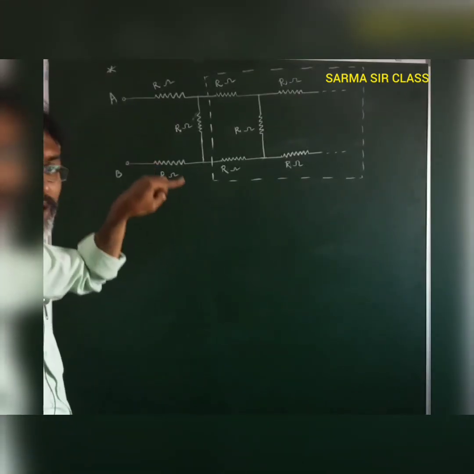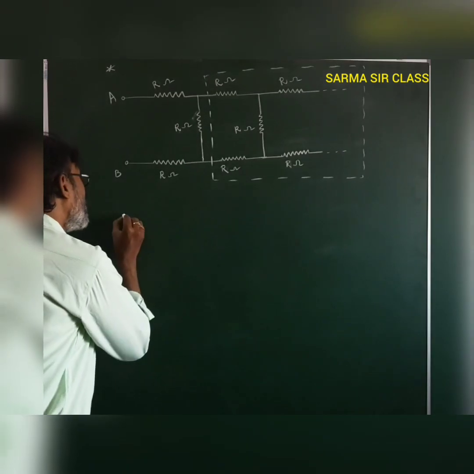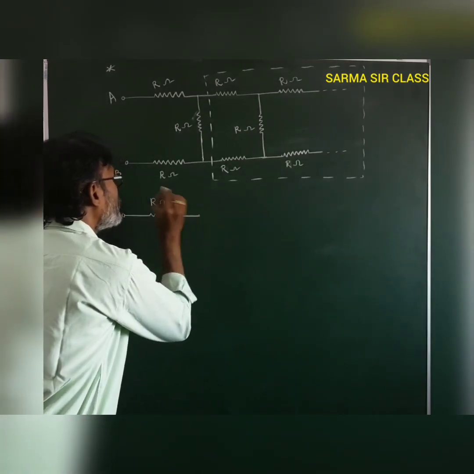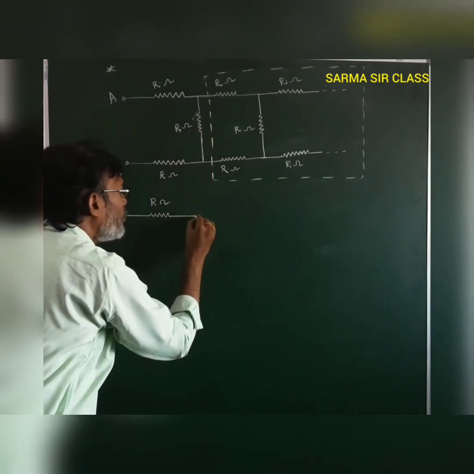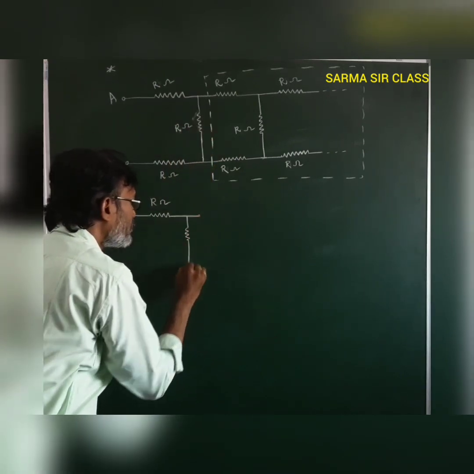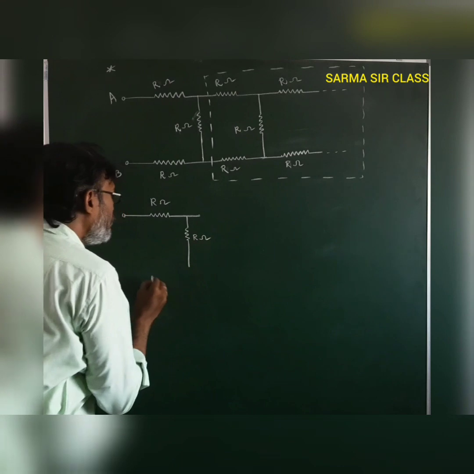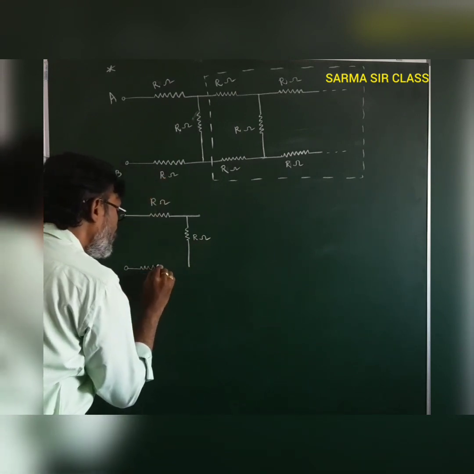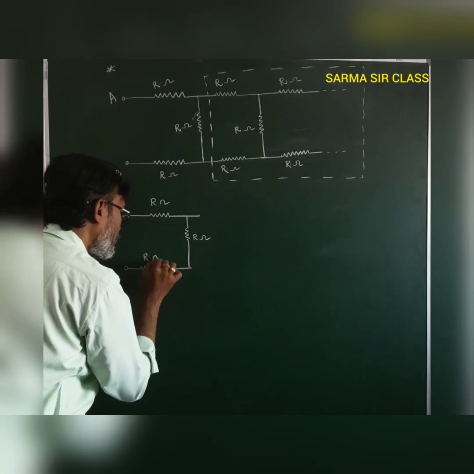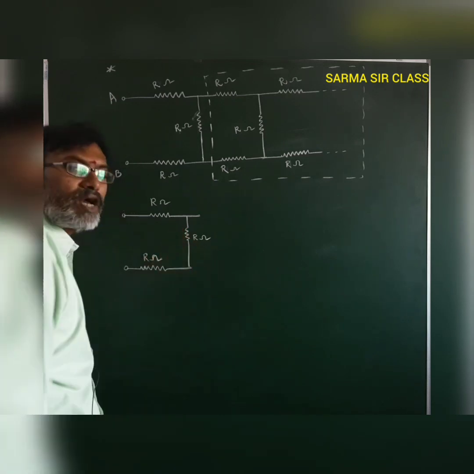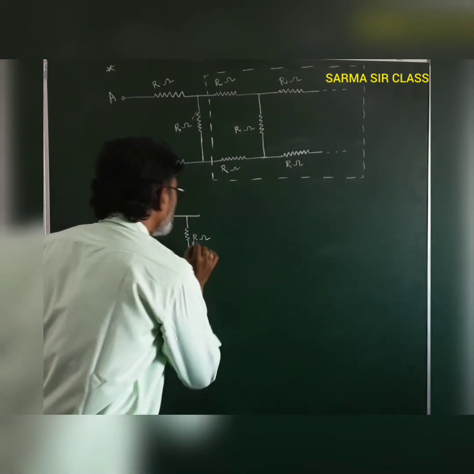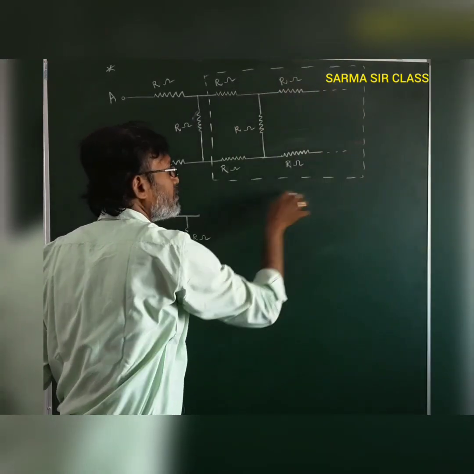So the same circuit, listen carefully, this is R ohm, this is R ohm, and this is R ohm. Now I am taking the concept that this entire part is one section.